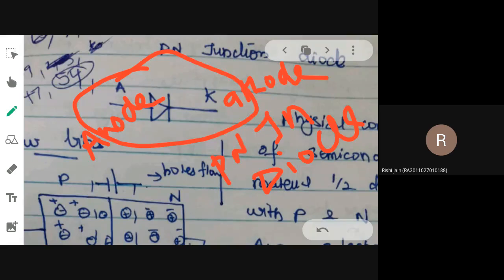A is anode, K is cathode. So these are the two terminals of the PN junction diode. So a PN junction diode is a two terminal device. If this is a symbolic representation, you have to draw the symbol of the diode like this only.